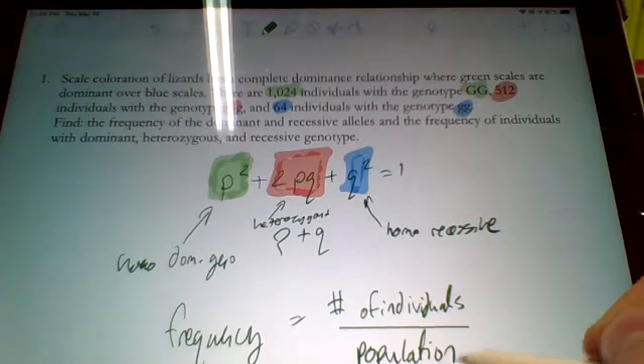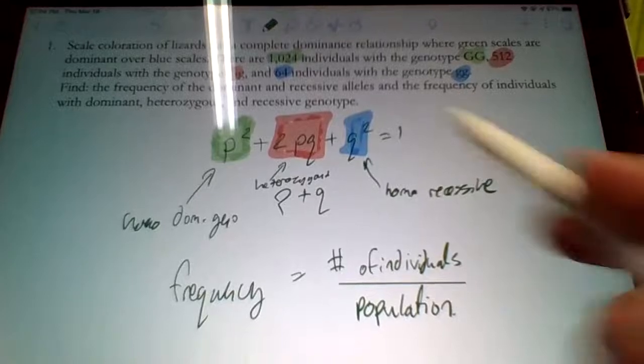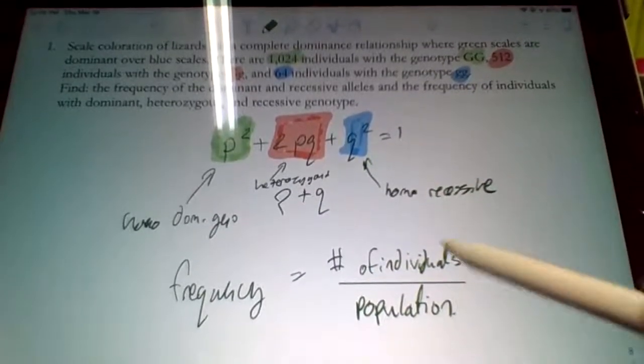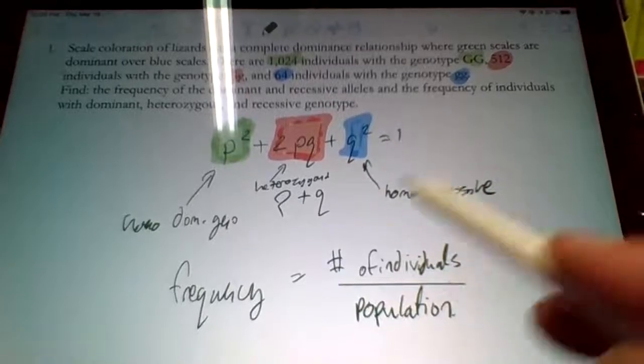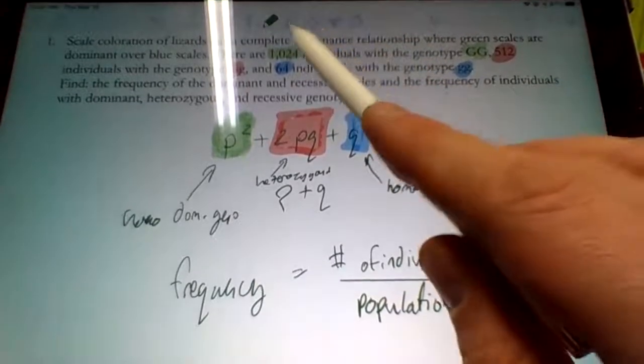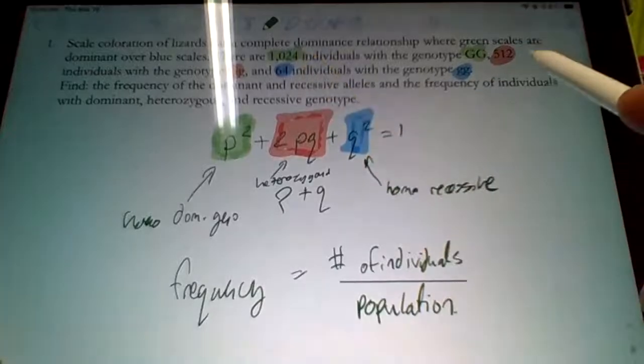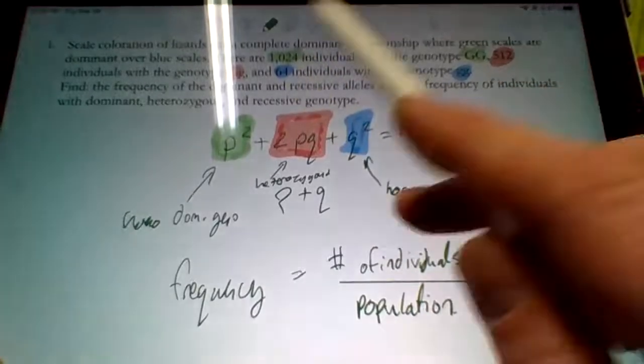I did see some work the other day from somebody, and I saw that this calculation wasn't quite happening. So we need to really focus on what that calculation means. In this case, we have 1,024, we have 512, and we have 64. All of these have to be added together to find our population.